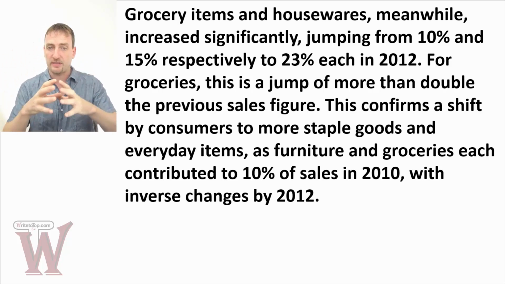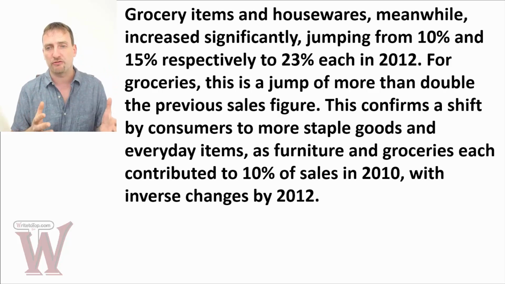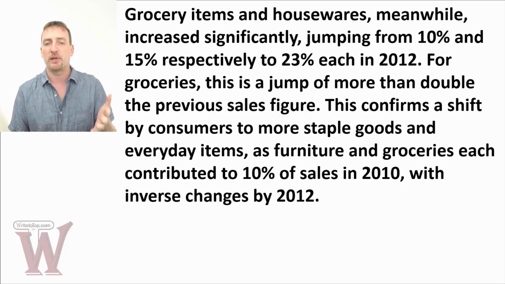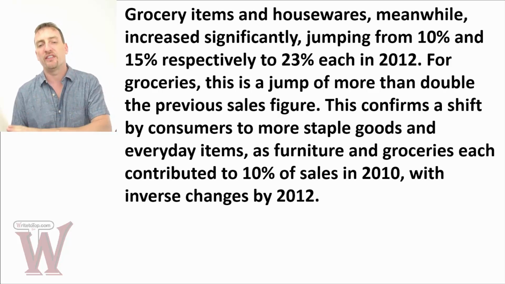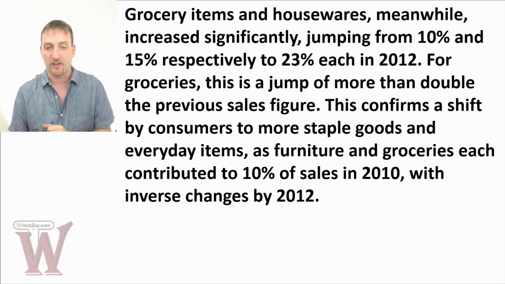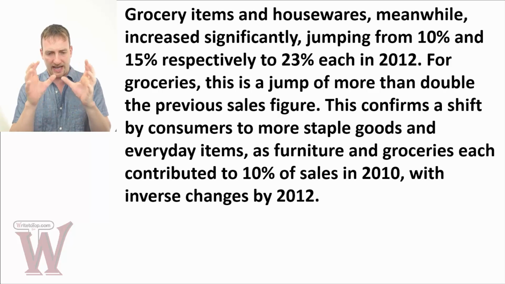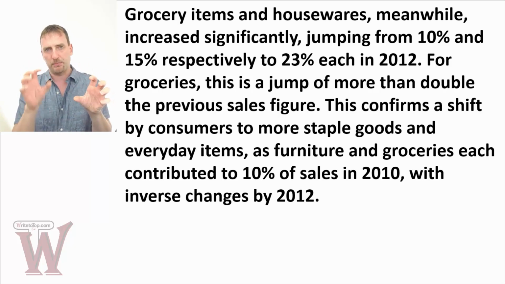This confirms, so this being this big jump in groceries, confirms a shift by consumers to more staple goods and everyday items, as furniture and groceries each contributed to 10% of sales in 2010, with inverse changes by 2012. So in 2010, I had a small item and a big item.